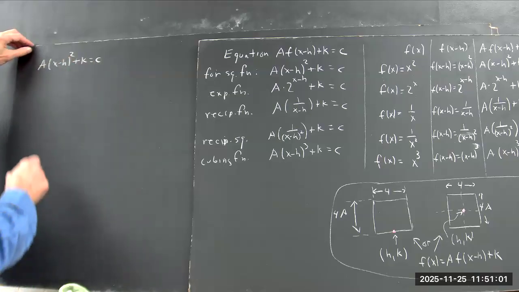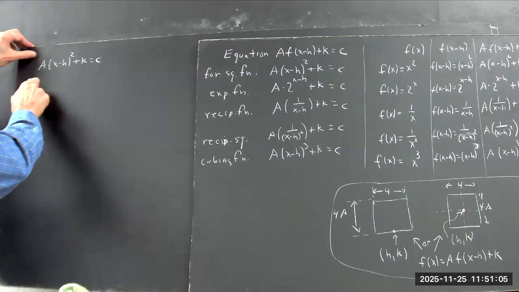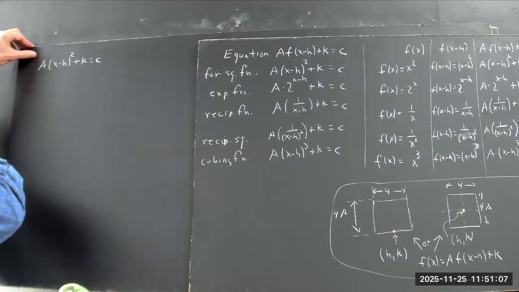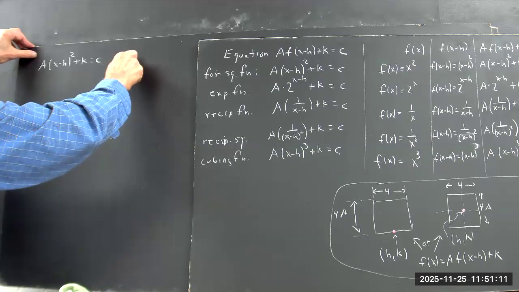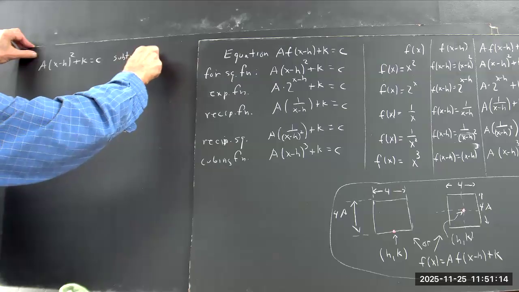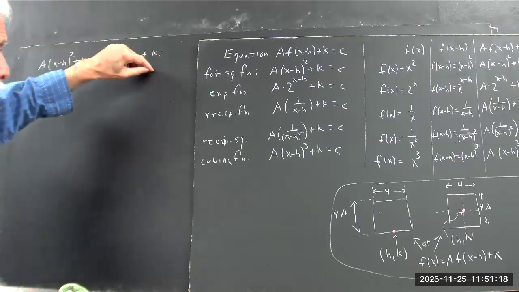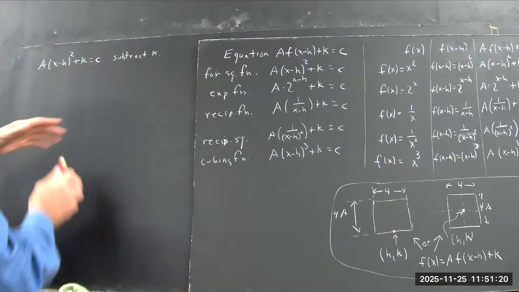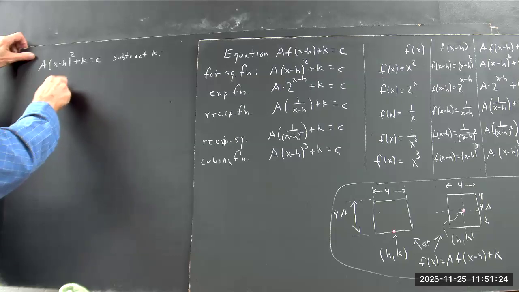First, we get rid of the k. I'll just say we subtract k. Implicitly, we're subtracting k from both sides. I don't want to write all that out.